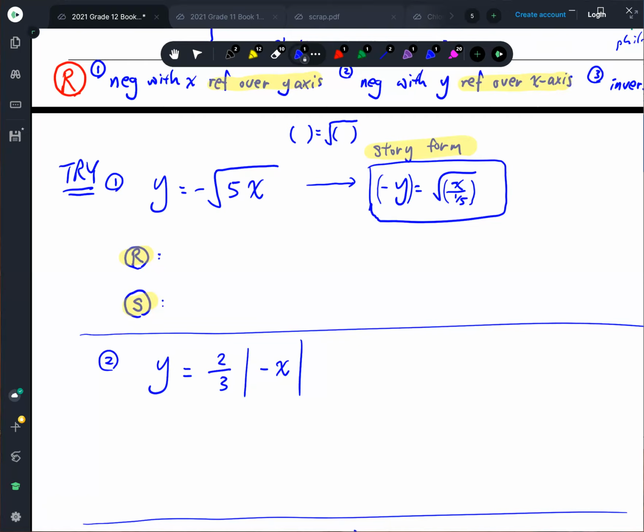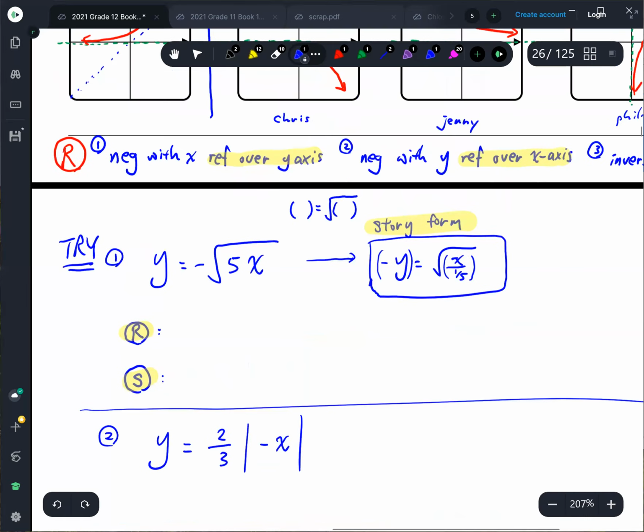Jocelyn, what kind of reflection do we have? What's a reflection? Jocelyn, what kind of reflection?